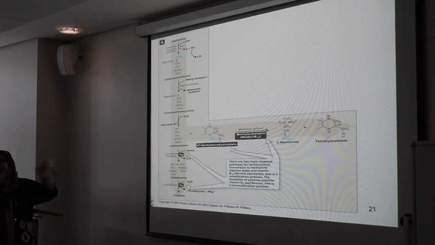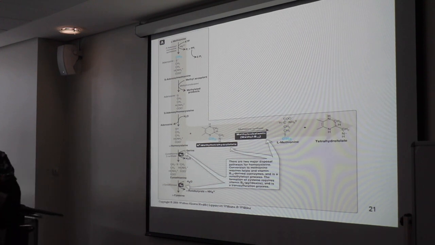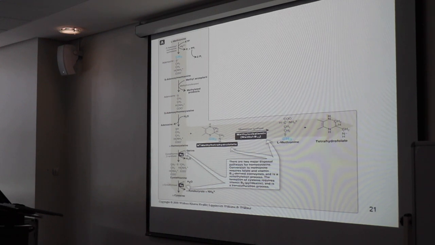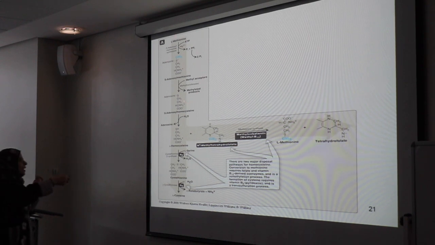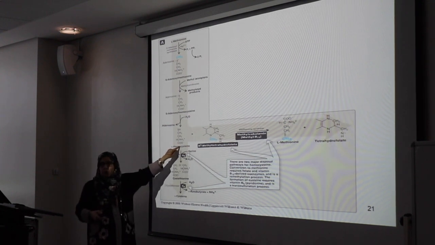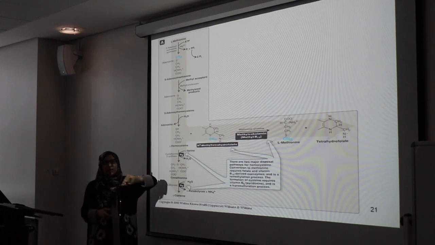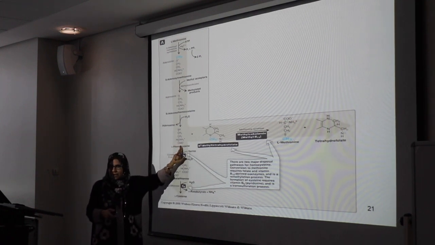Because there are so many diseases here, so many important biochemical reactions taking place. Okay, the most important thing about this degradation of methionine is that one of the intermediates of methionine metabolism is homocysteine.